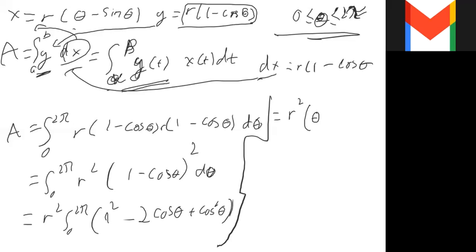And now minus 2 cos, the integral of cos is sine, so minus 2 sine theta. Okay. And what is the integral of cos squared theta? What would that be?